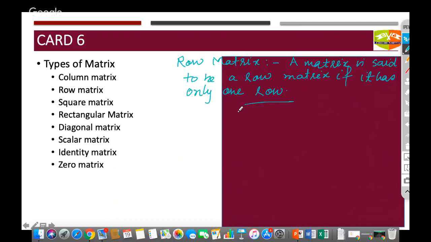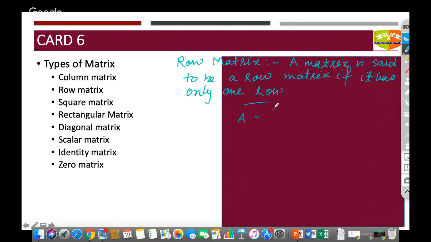Now I'll define it like any general matrix. I'll take a matrix as A11, A21, A31, and I'll keep on going till I write Am1. Sorry, I have made a column matrix here.